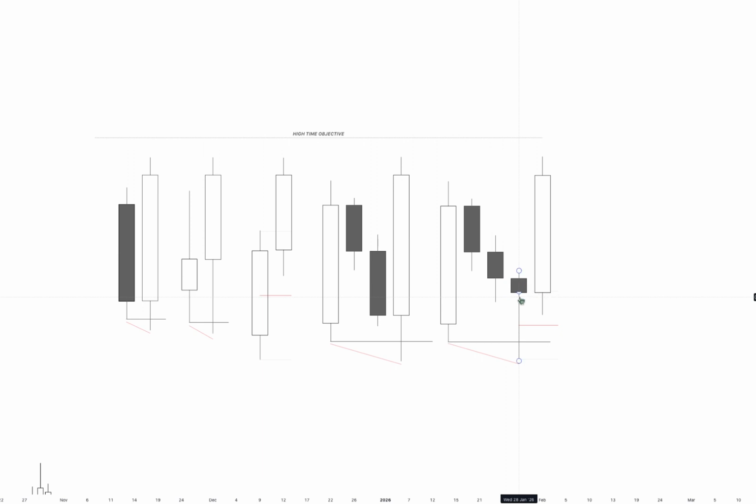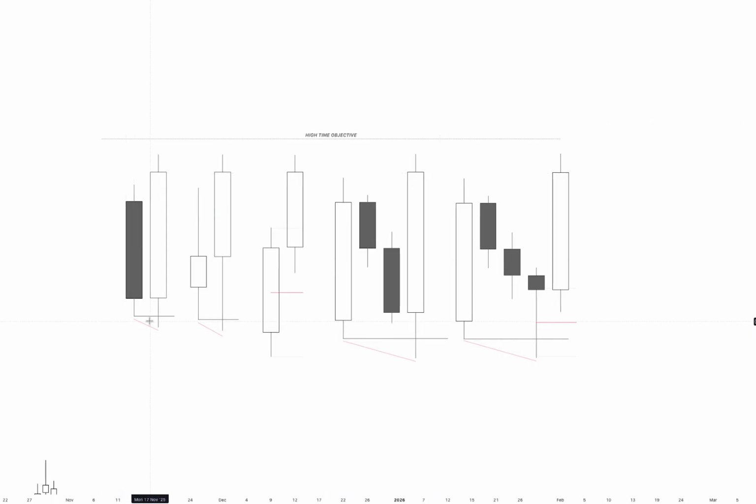So if it closes like this, back inside the range, then I want the next candle to give me the reversal in premium of the wick, of the rejection of this candle, and trade it back into the high, into the objective.